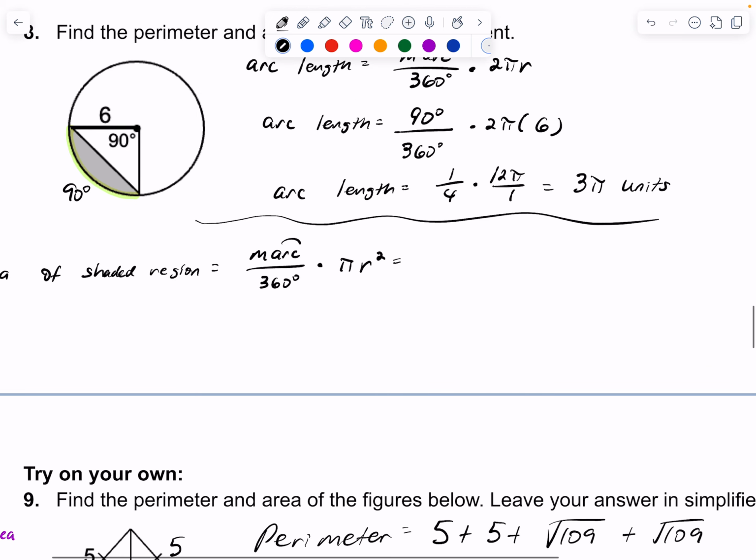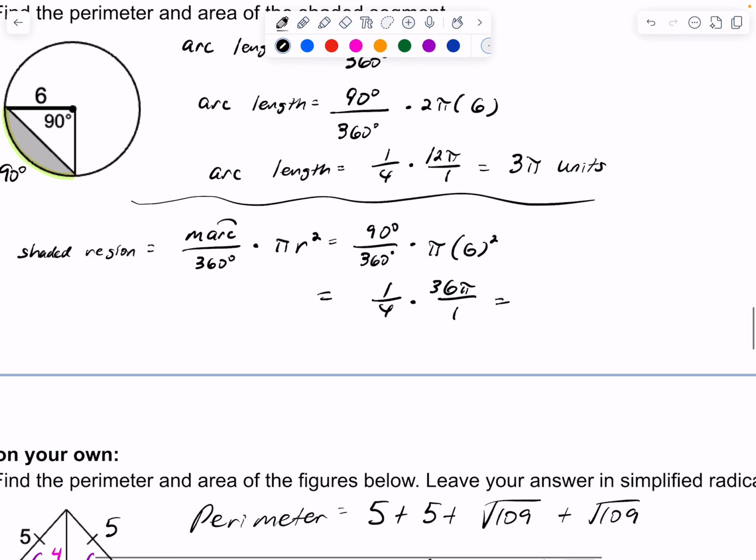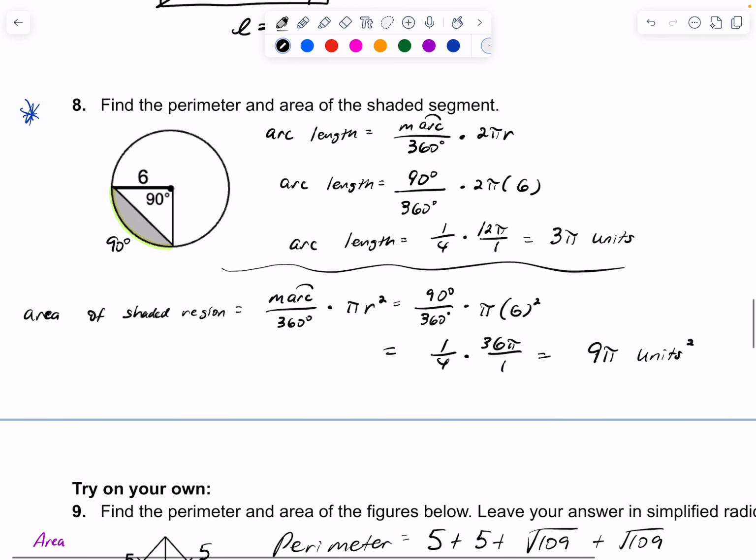So I'm going to plug in, that is still 90 over 360 times pi times 6 squared. So that's going to be 1/4 times 36 pi. Dividing that gives me 9 pi square units. So 9 pi square units is the area of that shaded region.